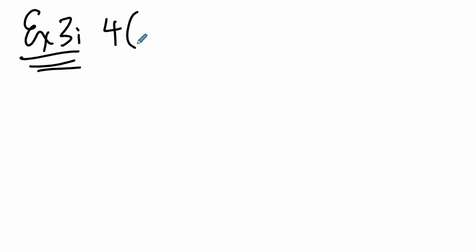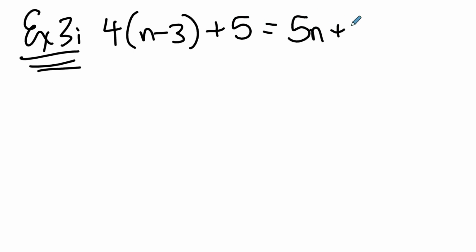Let's solve 4 times (n minus 3) plus 5 equals 5n plus 6. How do we solve this? Well, this is a 4 multiplied by a binomial, so you may recall that we distribute that 4 through the parentheses.